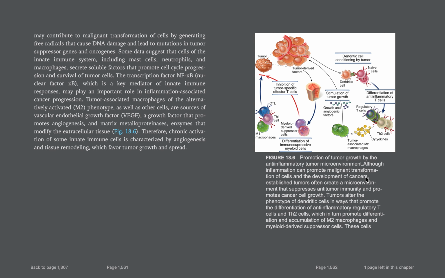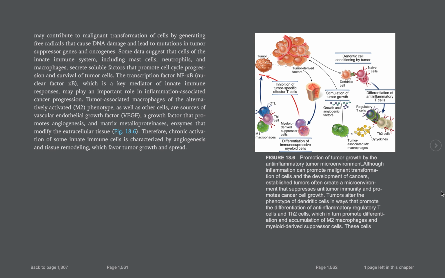So we have the diagram here. Figure 8.6, promotion of tumor growth by an anti-inflammatory tumor microenvironment. Although inflammation can promote malignant transformation of cells and the development of cancer, established tumors often create a microenvironment that suppresses anti-tumor immunity and promotes cancer cell growth.